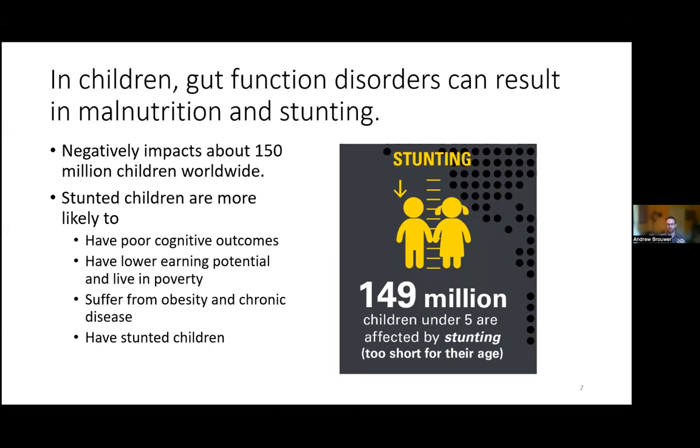Somewhat counterintuitively, they're also more likely to suffer from obesity and chronic disease, as well as to have stunted children. So you can see the perpetuating of the cycle here, with that stunting in children being due to epigenetic factors that are inherited and the social outcomes as well.